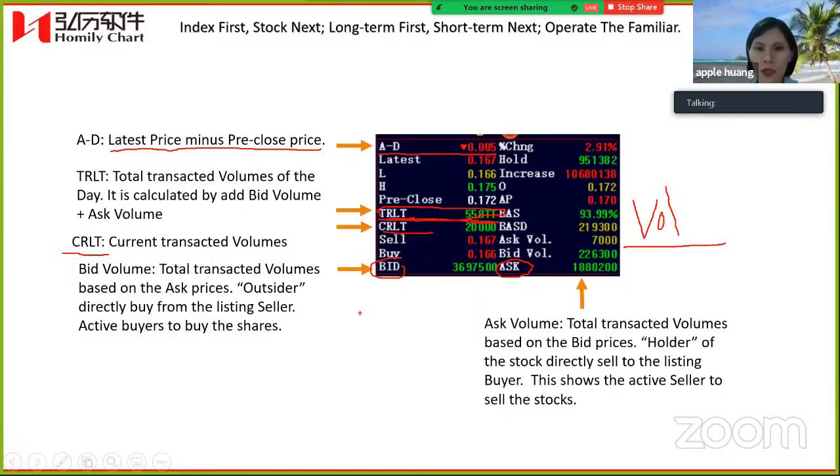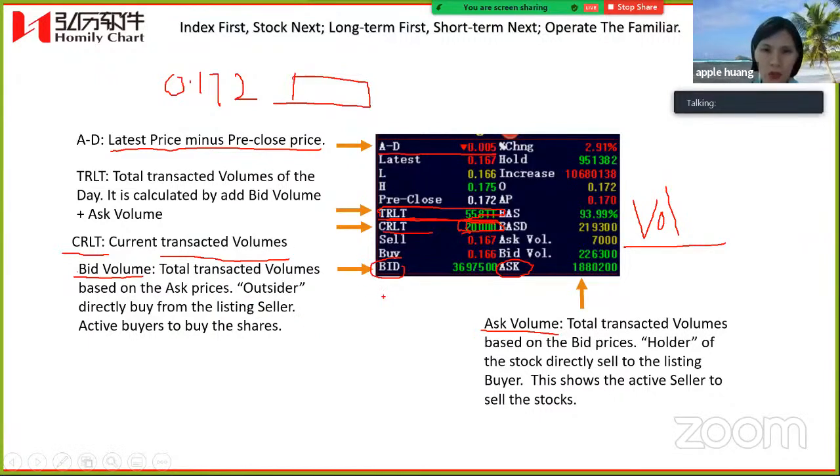For example, now the price is trading at 0.172, and the current transacted volume is only 20,000 shares. So the bid volume and the ask volume are two important concepts. You should master them.